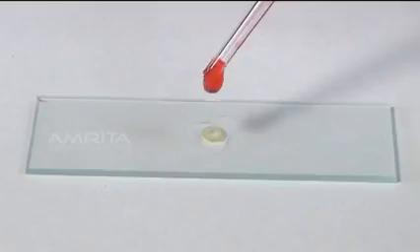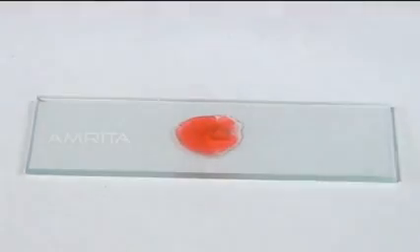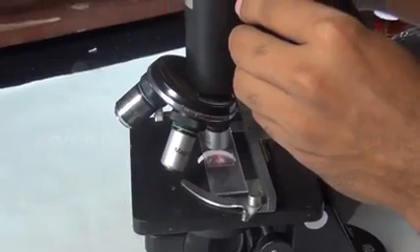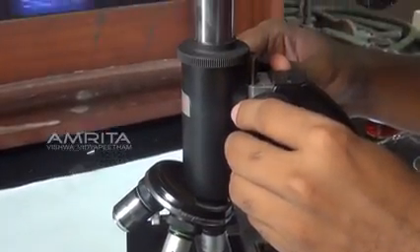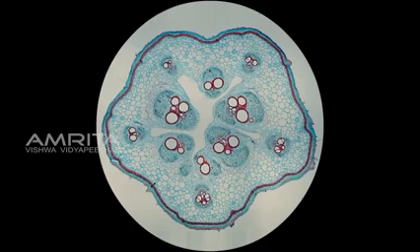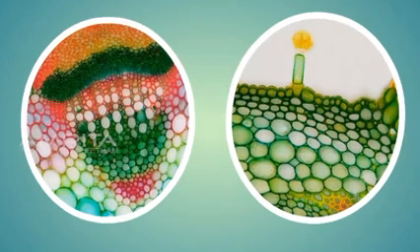It is also necessary to take sections of uniform thickness so that light passes through equally and the different tissues are clearly visible under the microscope. It is desirable to stain the section with a suitable stain of a different color.